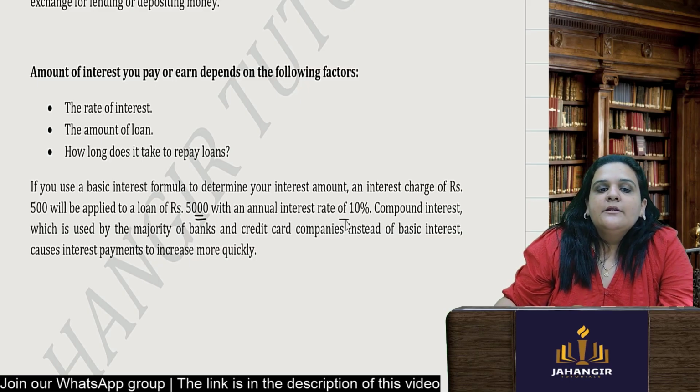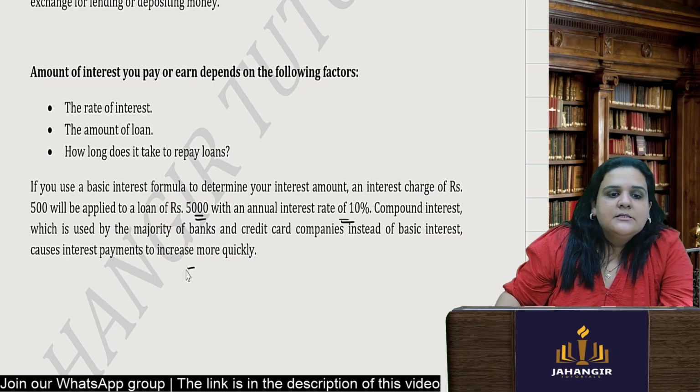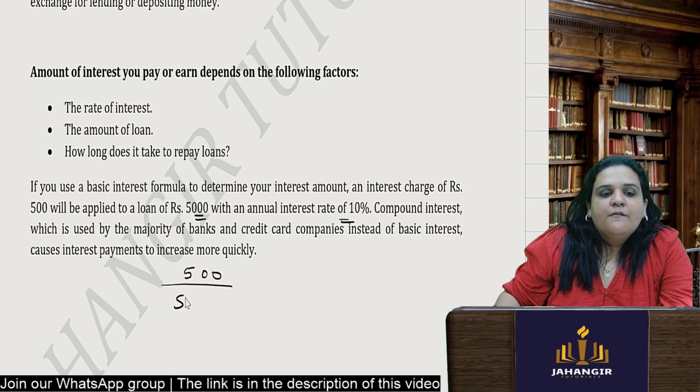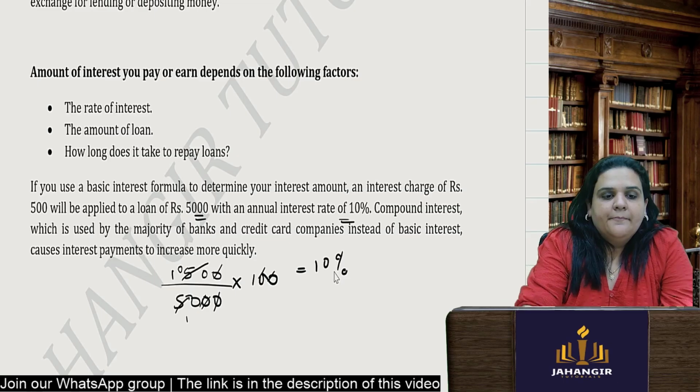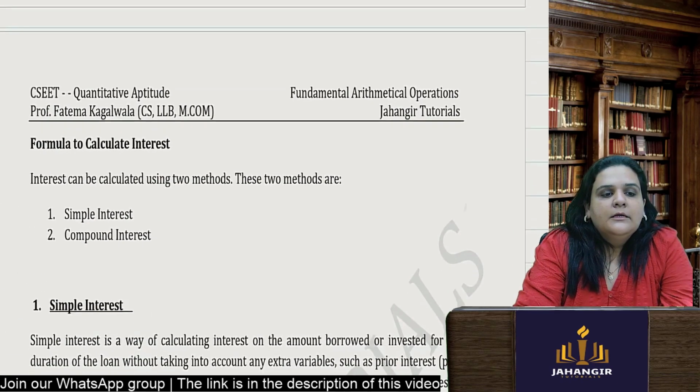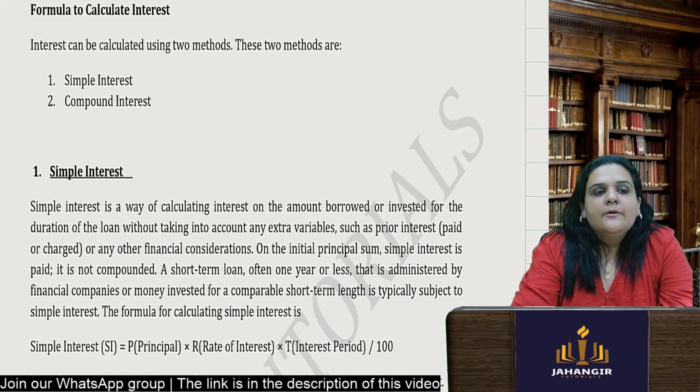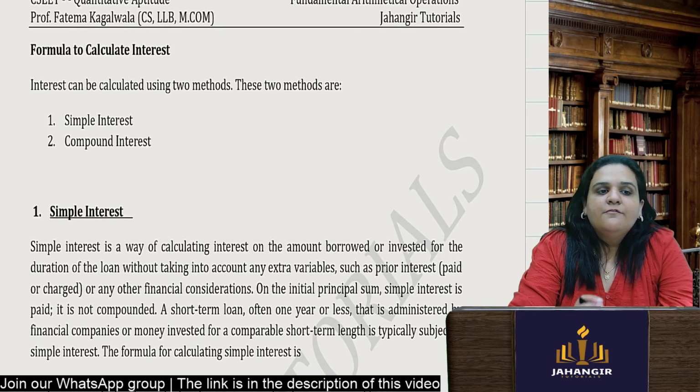The annual interest will be 10%, because 500 rupees of 5,000 in percentage form is 10% rate of interest. Now, how to calculate the interest with the help of two formulas.